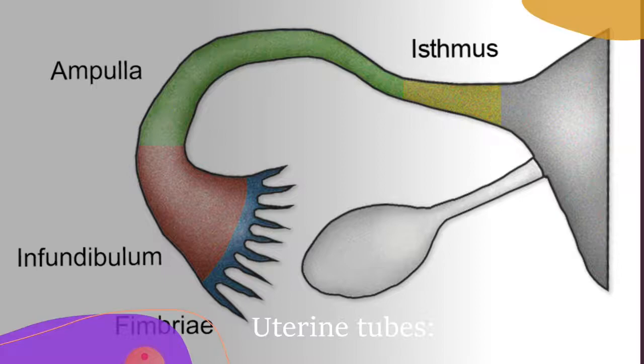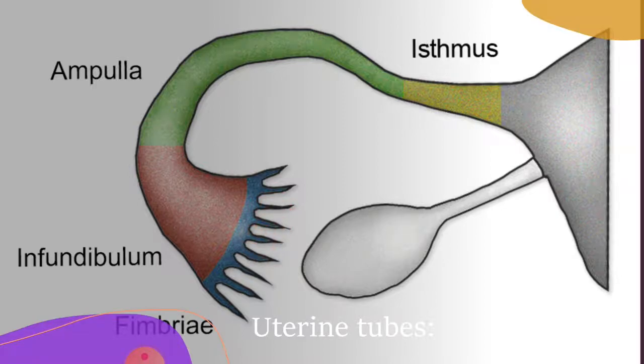Another very important point about the fallopian tube is that each part has its distinct functions. So if we talk about the fimbria, that are the finger-like projections, these are, as you can see, ciliated projections. The function of the fimbria is to capture the ovum from the surface of the ovary.